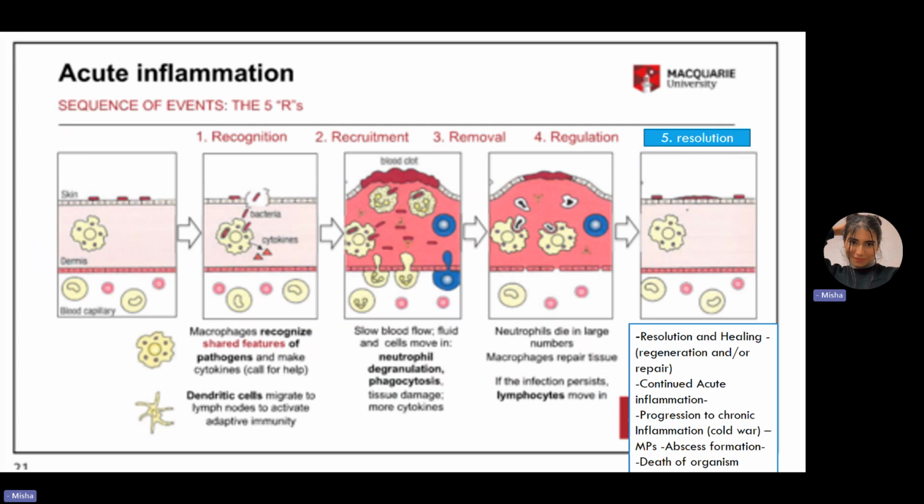Now, removal is that the invader must be phagocytosed or it should be destroyed. Now, phagocytosis occurs when pseudopods extend, a phagosome forms, and fuses with the lysosome to make phagolysosomes. This attraction is random unless marked by opsonins, right?